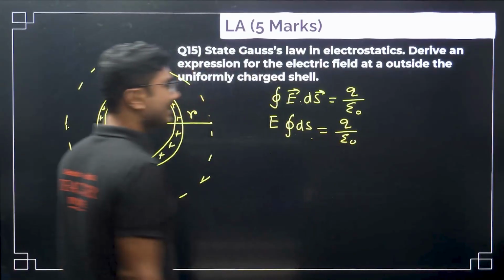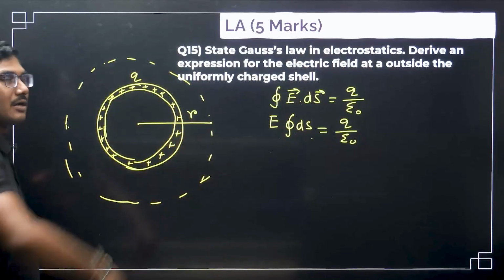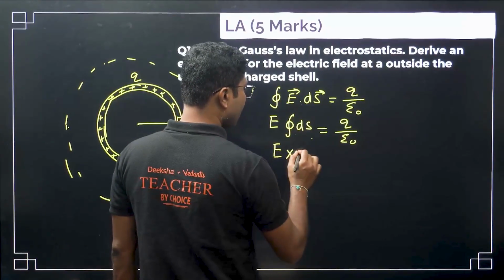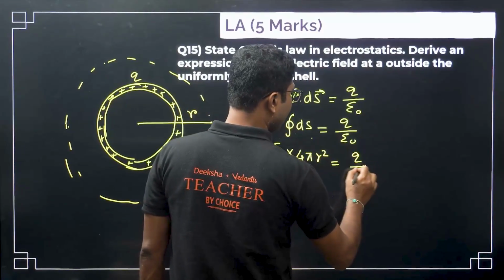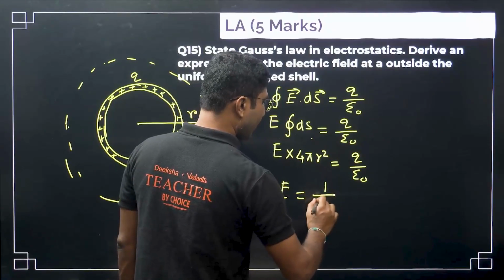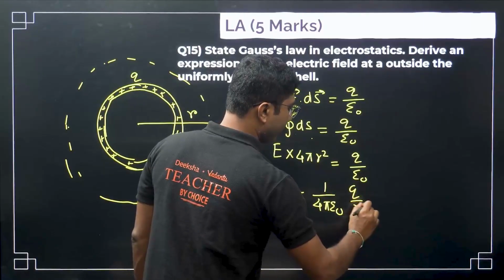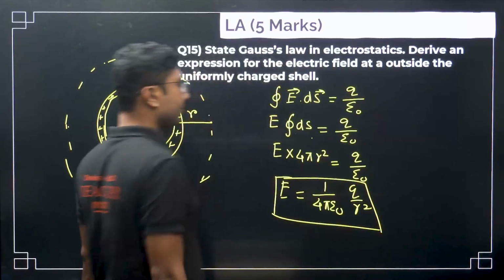Now ds is the surface area of a sphere of radius r. What is the formula for the surface area of a sphere? It is 4 pi r square. So E times 4 pi r square equals q by epsilon naught, so E equals 1 by 4 pi epsilon naught q by r square, as simple as that. So this is the derivation, simple.